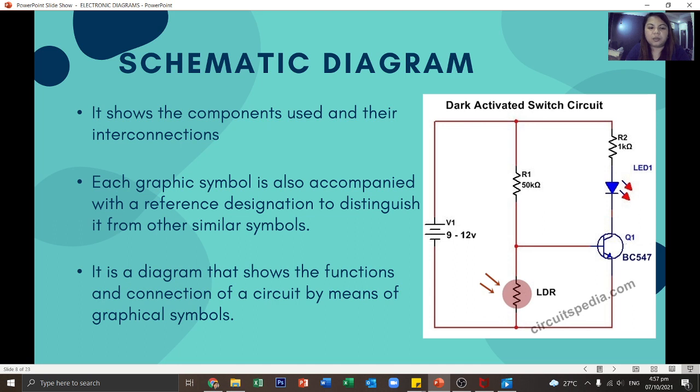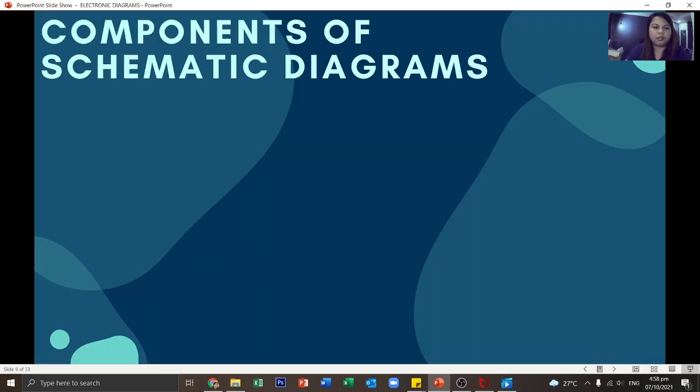It is a diagram that shows the functions and connections of a circuit by means of graphical symbols or abstract symbols. So we do not use the actual picture or drawing of the component, just like the pictorial diagram a while ago. But this one we use graphical symbols or abstract symbols.